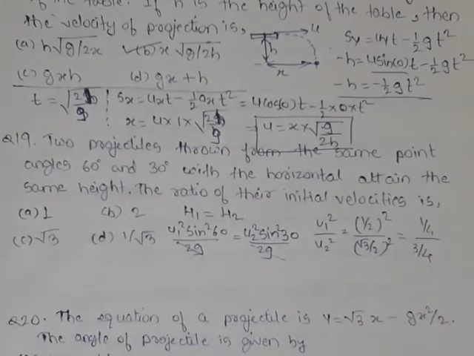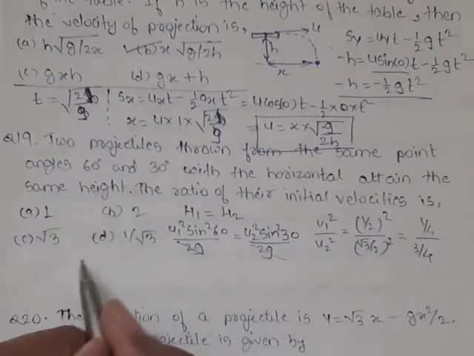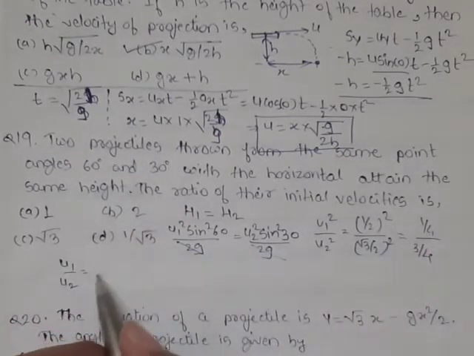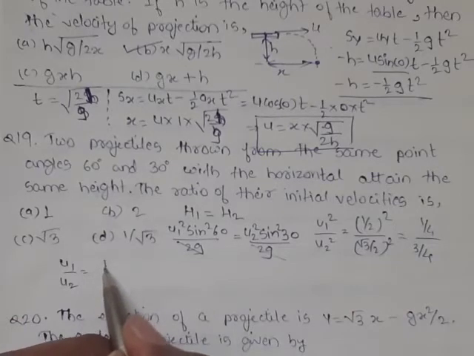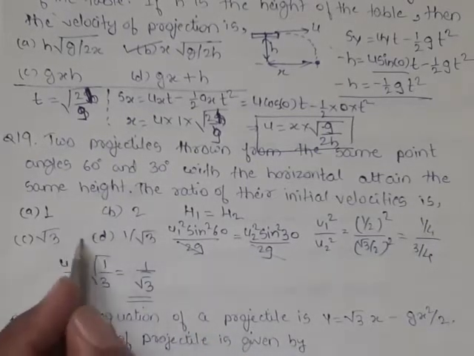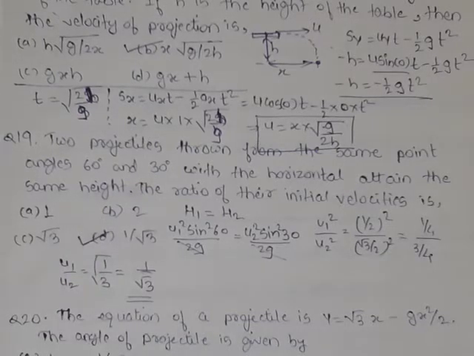So here it is the square value. We want the ratio of u1 upon u2, so we take the square root, which is finally under root 1 upon 3, or 1 upon under root 3. So this is our answer, 1 upon under root 3. So option D is correct for question 19.